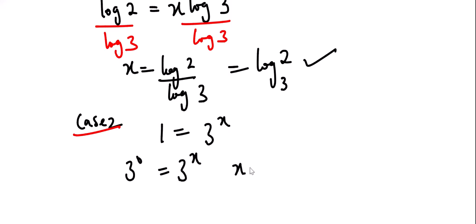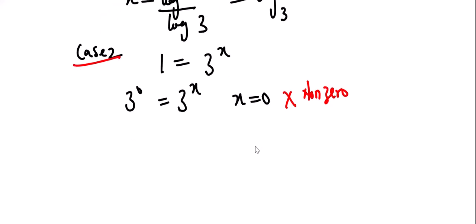So here we have x equal to 0. And this case is not possible. Why? Because we are interested in the non-zero real solution. So conclusively, our x is log 2 base 3.